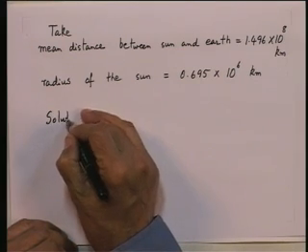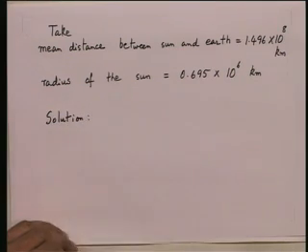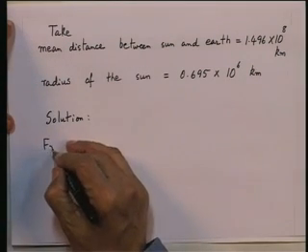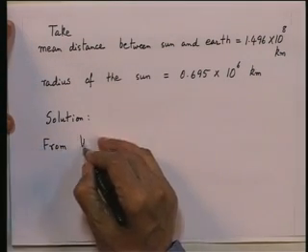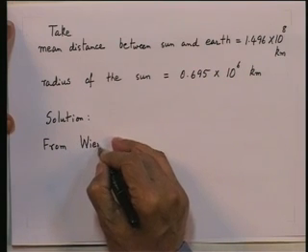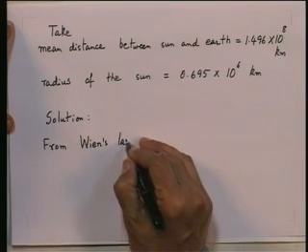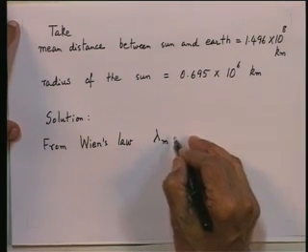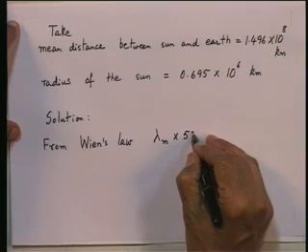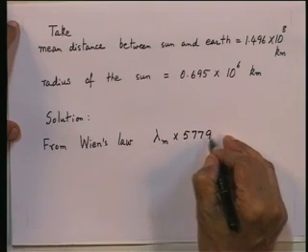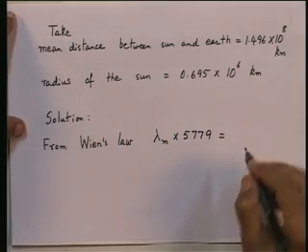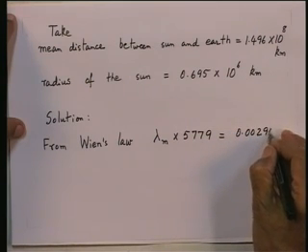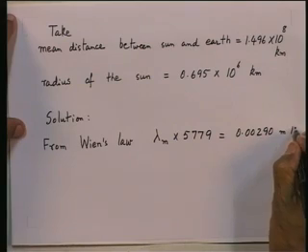First of all, let us apply Wien's law. From Wien's law, what do we get the value of lambda m to be? Lambda m multiplied by 5779, that is the temperature of the sun's surface. Wien's law says this is equal to 0.00290 meter Kelvin.